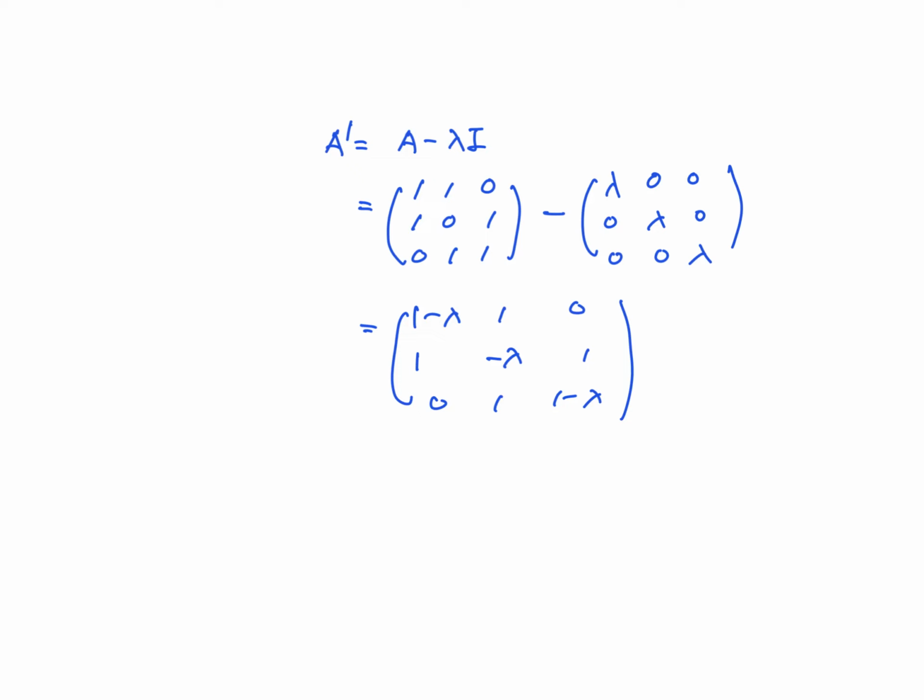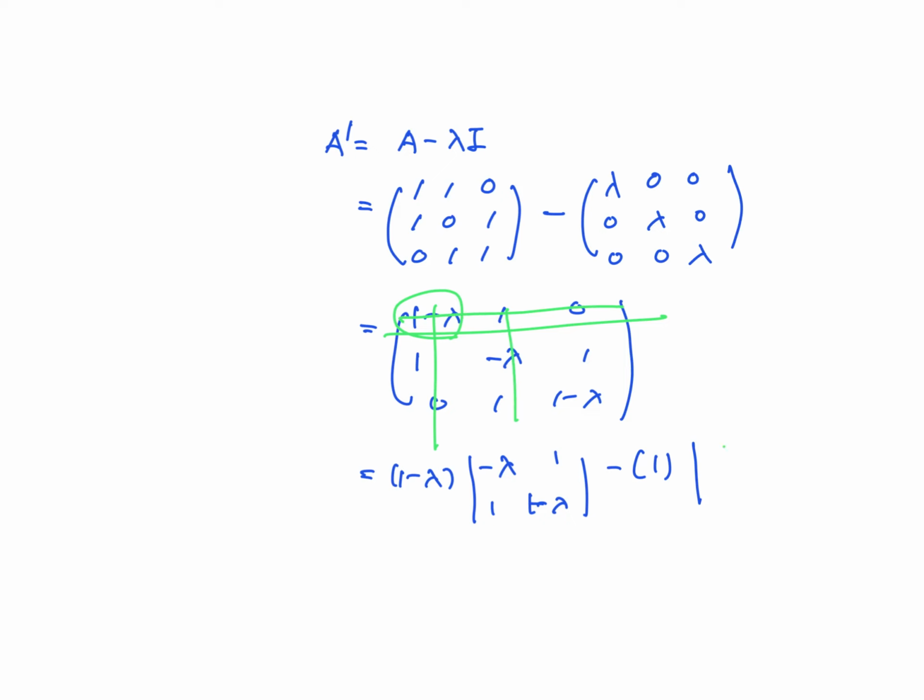So you can actually use minors to expand this, right? So I would say choose this, then blah blah. 1 minus lambda times the determinant of [[minus lambda, 1], [1, 1 minus lambda]], minus 1 times the determinant of the 2 by 2 matrix: you delete this row and column, you have [[1, 1], [0, 1 minus lambda]].